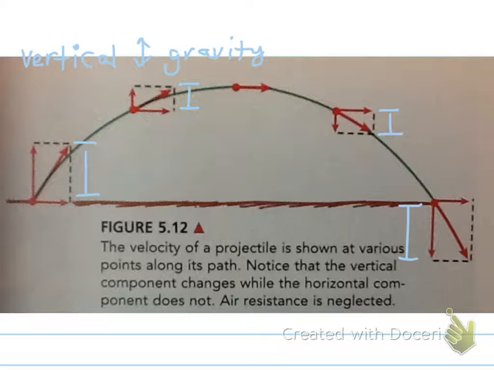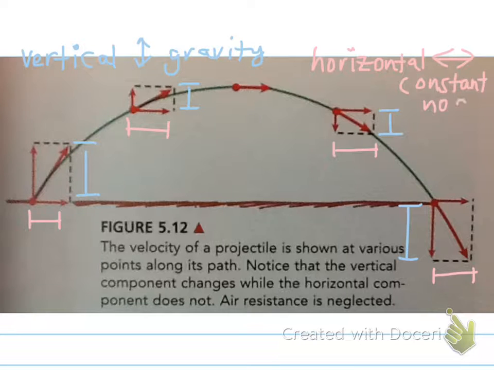However, the horizontal portion, our left to right, there's no force acting on it. So notice its length stays the same the whole time. It's not changing. So this is constant.